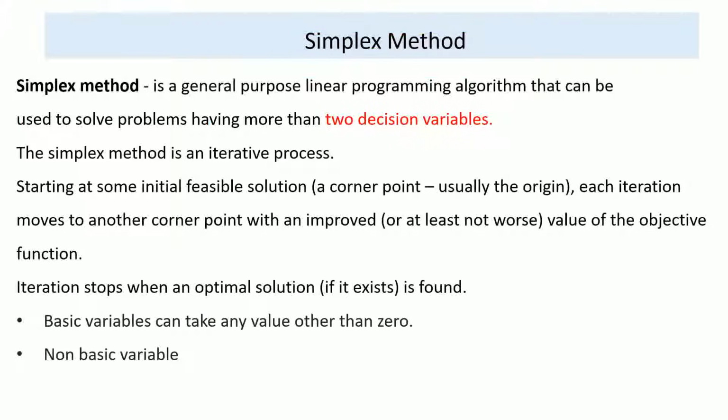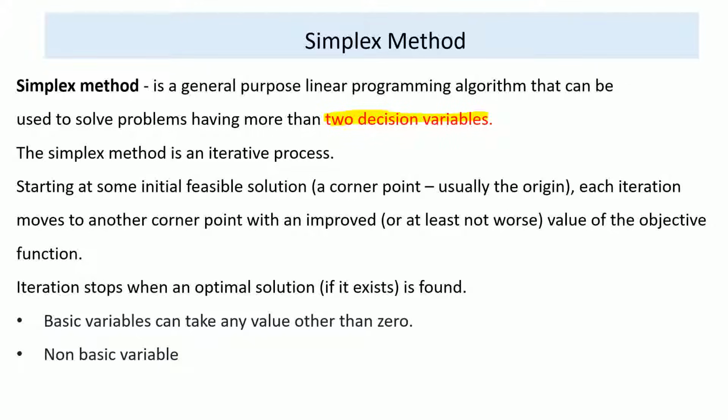Before moving to our step-by-step discussion of the simplex method, let's know what the simplex method means. The simplex method is a general purpose linear programming algorithm that can be used to solve problems having more than 2 decision variables. If the problem has only 2 decision variables, we can alternatively solve it using the graphical method.